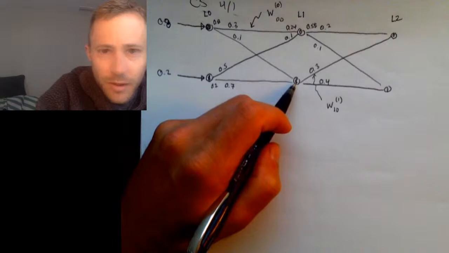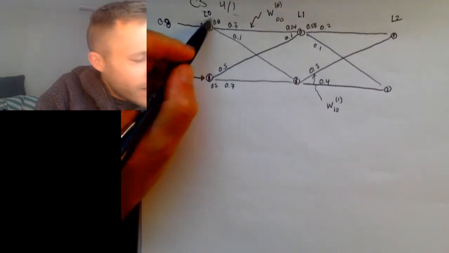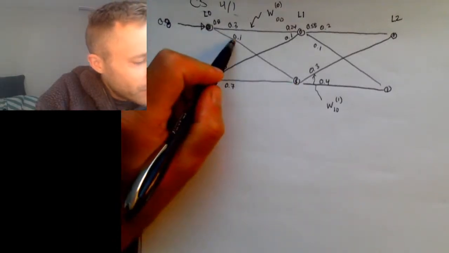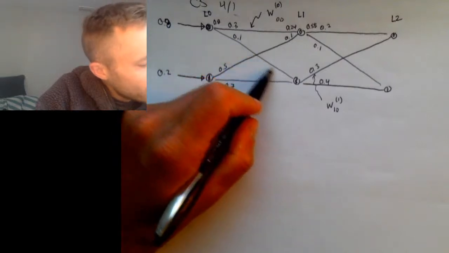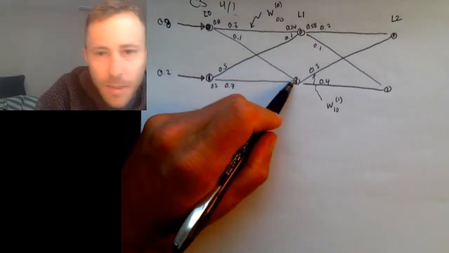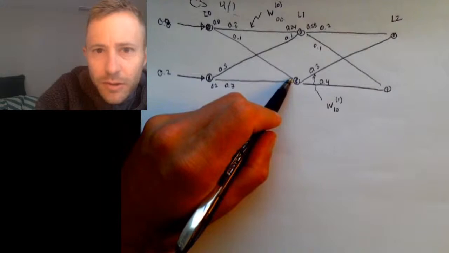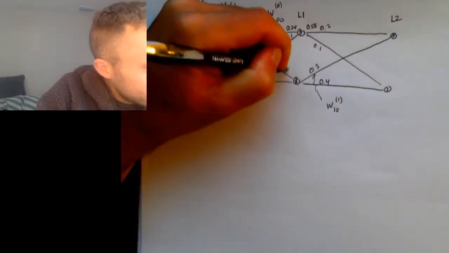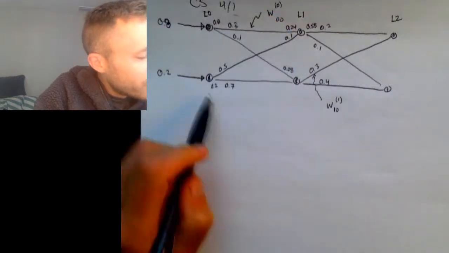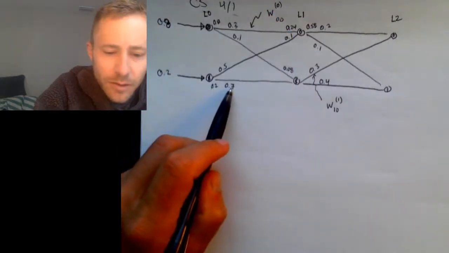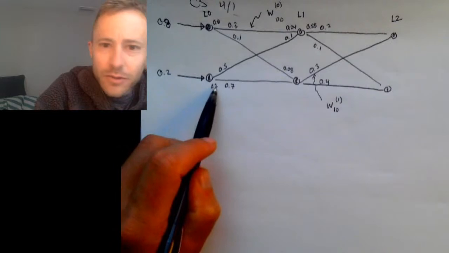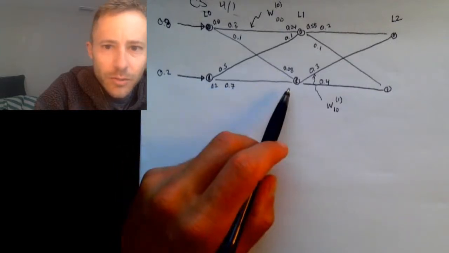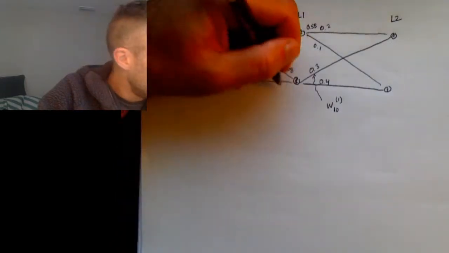So now let's do this neuron's input. Well, it gets 0.8 times 0.1 for this one, so that's going to be 0.08. And then it gets 0.2 times 0.7 from this link, and it's going to be 0.14.